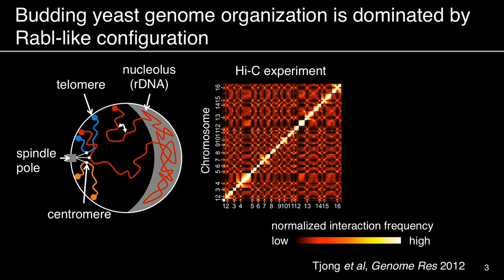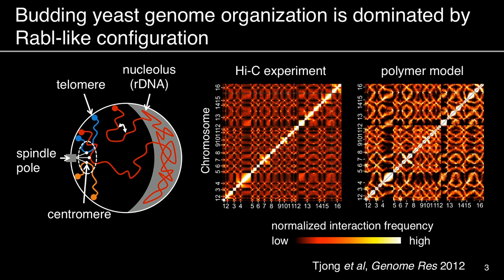The data can be represented as a heat map like this, where each linear axis represents the linear genome, and the color of each pixel represents the interaction frequency for a single pair of loci. You'll notice two things about this heat map. There's a bright diagonal, which represents just the basic tendency for sequences right next to each other to interact in physical space. And secondly, there's this plaid pattern, which reflects the centromere clustering.